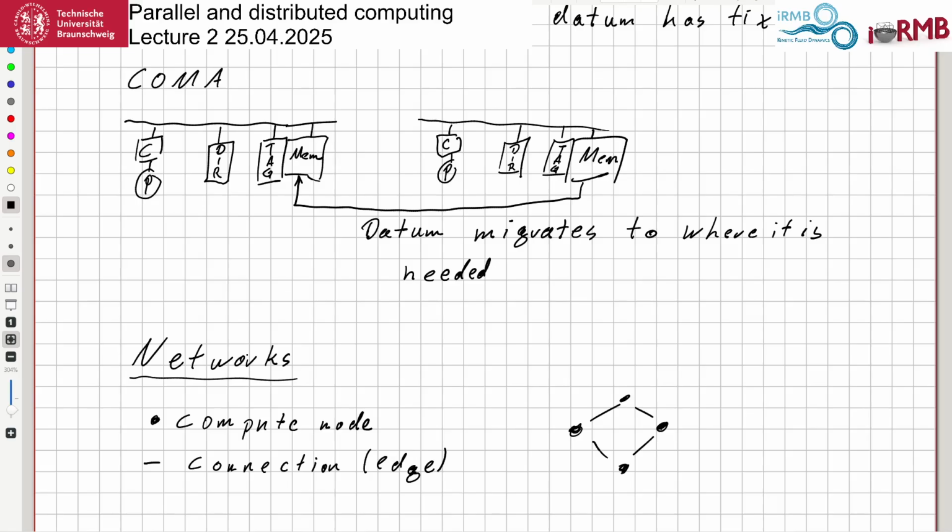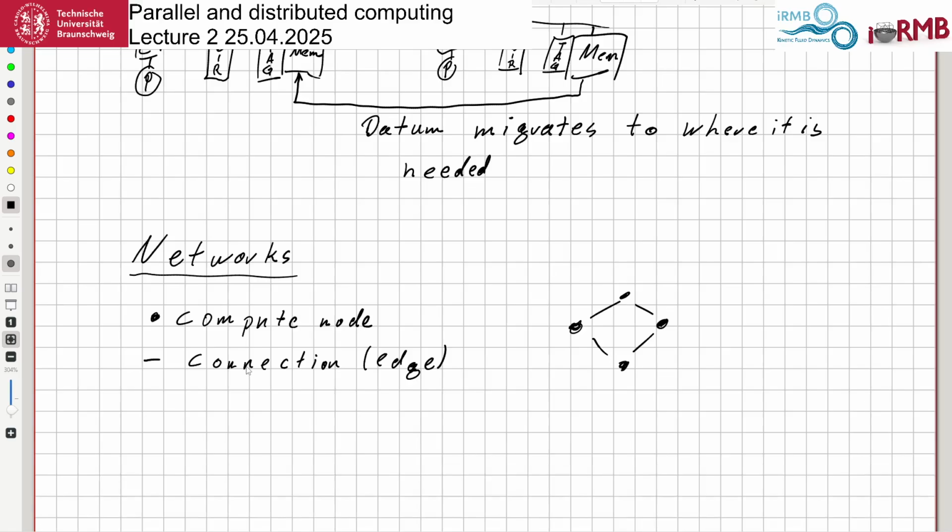But here we are not so much interested in the internet, but in fast networks that are used to let computers work together. So for this, we have to introduce again a few terms.